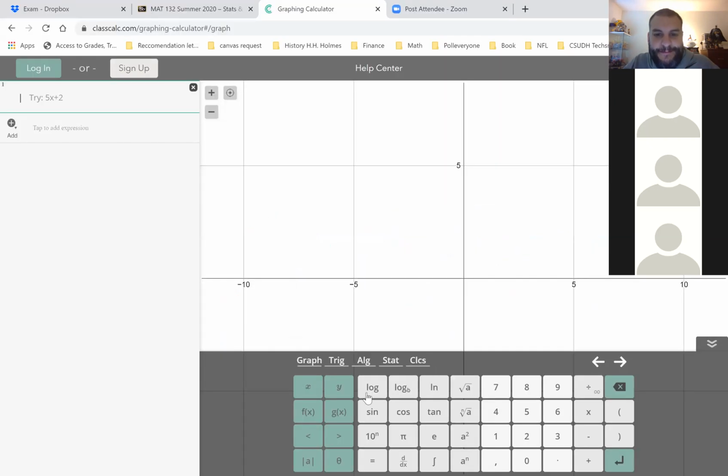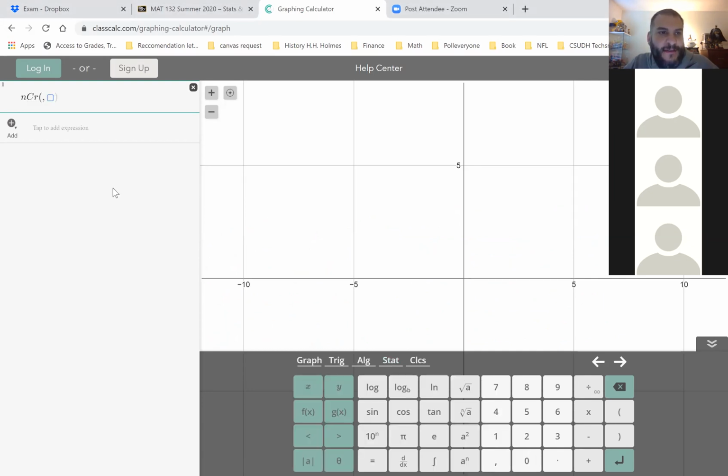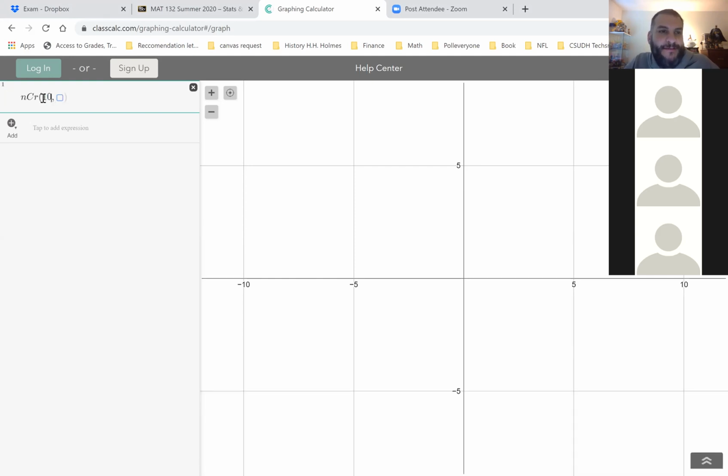Cool. All right. So for this one, you go to stats, and it should be under basic. So if you look right here where it says nCr, r actually represents x, so don't get that confused. First thing I want you to do is enter n. n is 10. Then the second thing, I want you to enter x. x is 1.